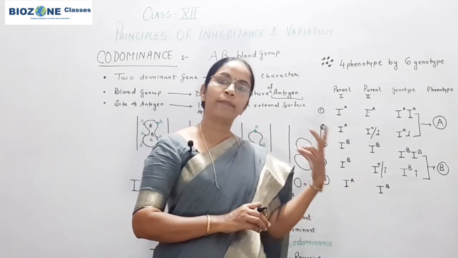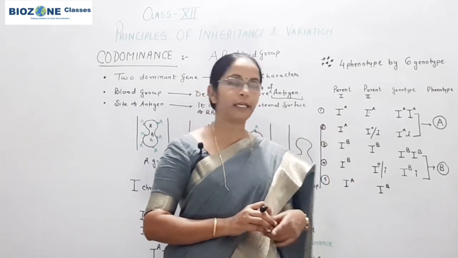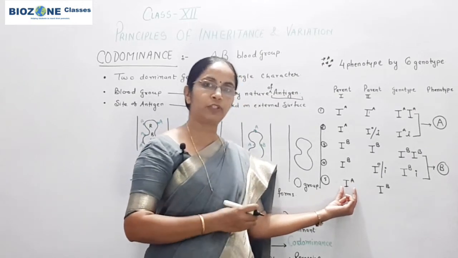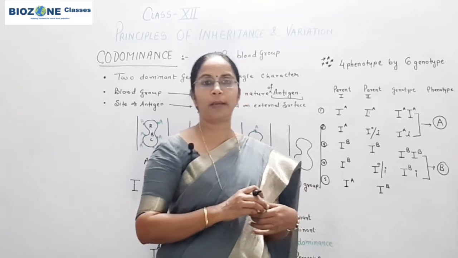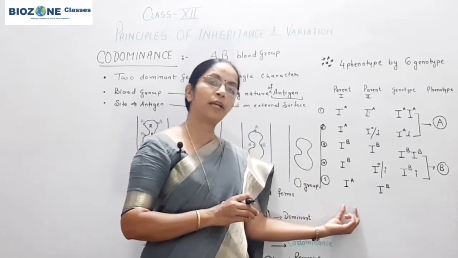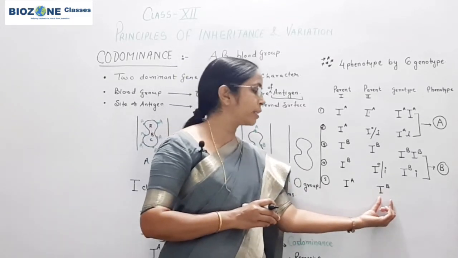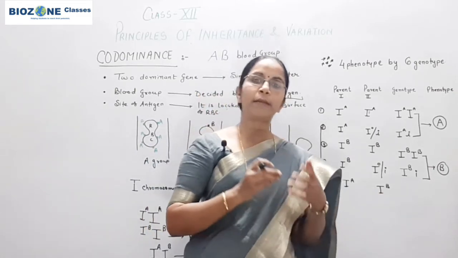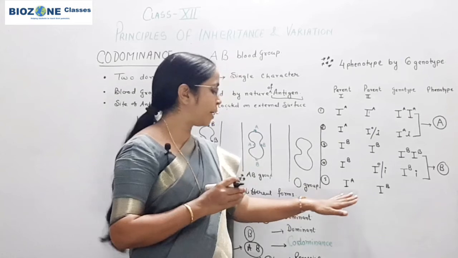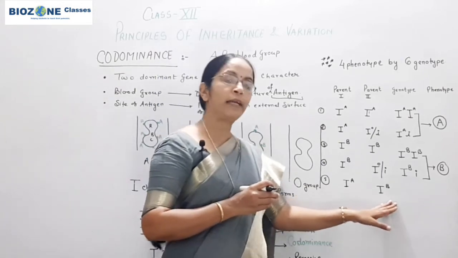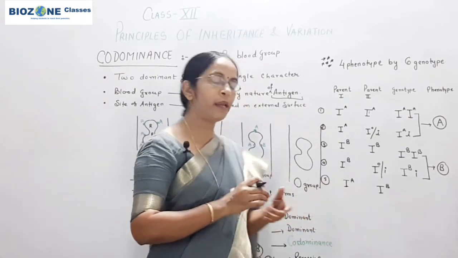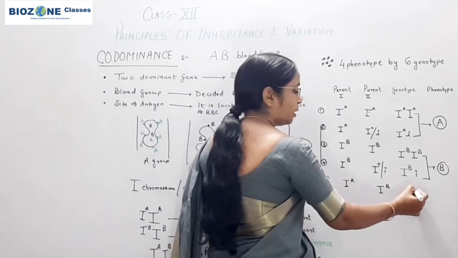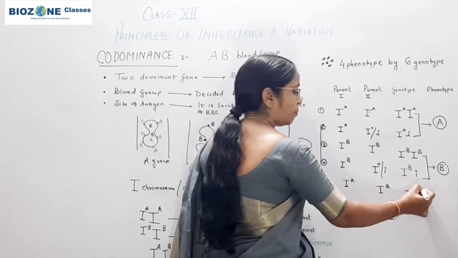IB also they provided two possibilities: suppose the first parent contributes IA in the first condition, in the second condition it may be possible the first parent contributes IB and the second parent contributes IA, but in both cases, of the two parents, one parent contributes the A gene and the second parent contributes B, and in that case one genotype is produced, that is IAIB.